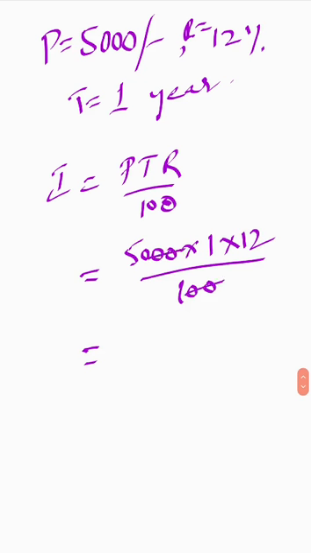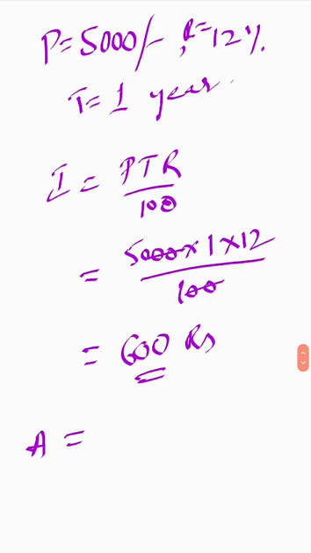So here you see, total 12 fives is 60, that is 600 rupees interest she has to pay after 1 year. That means after 1 year she has to pay 5,000 plus 600 as the total amount.